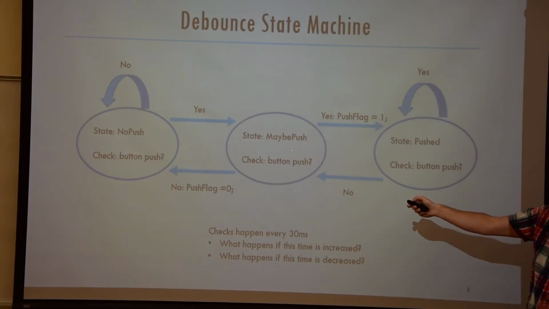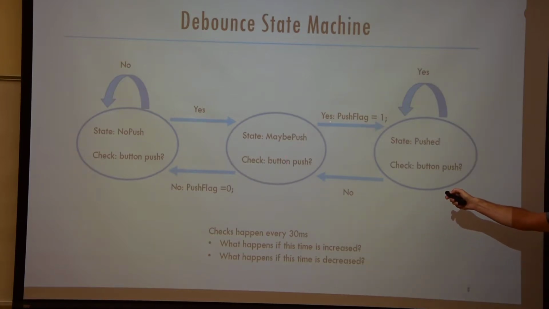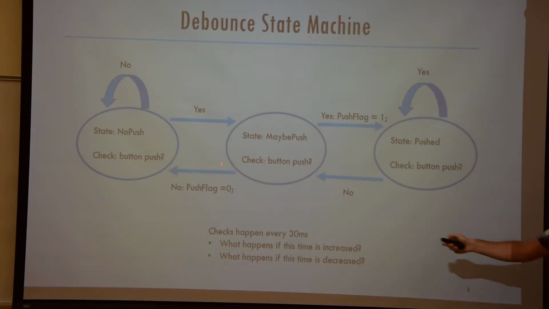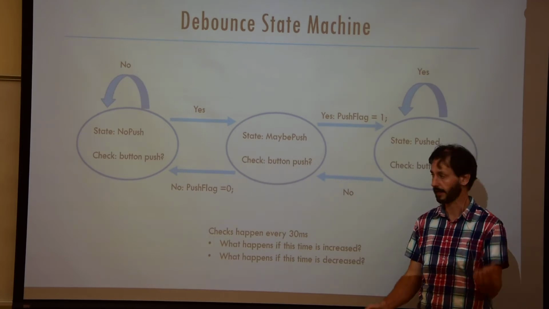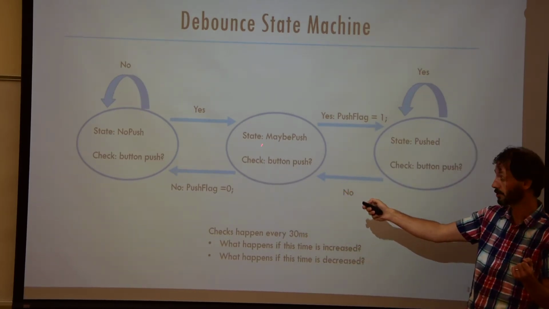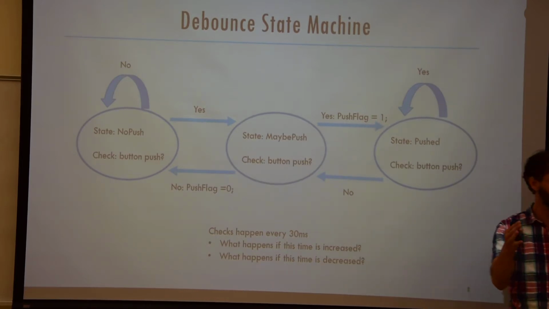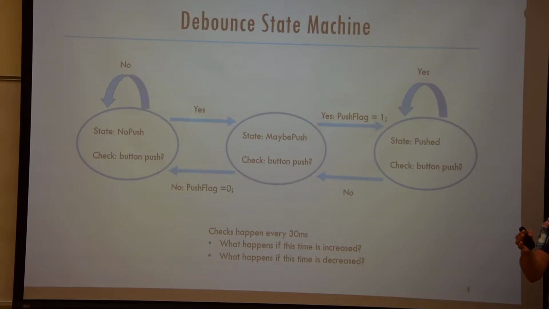So what am I going to do? I'm now going to check the button push, and if that is true, then I know that the switch is likely to have been pushed. So at one moment, say right now, I'm checking, is there a button push? I think it is, but I'm not yet sure. A moment later I check again, and now I have effectively two samples of my pin that both say I have seen this low voltage, or a button push.